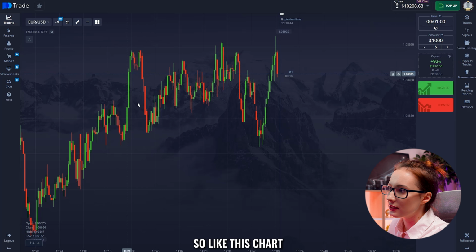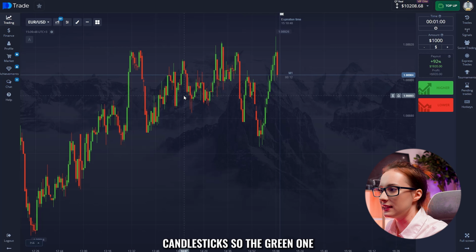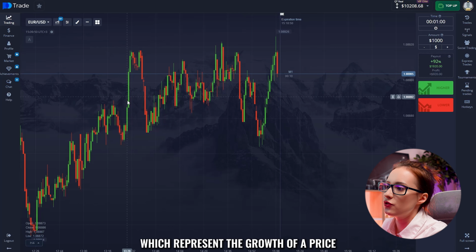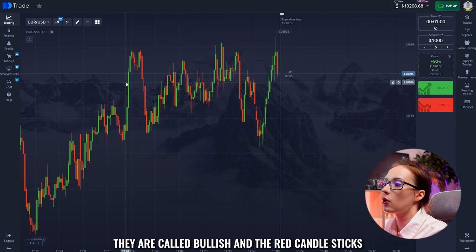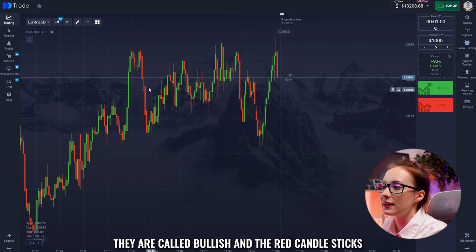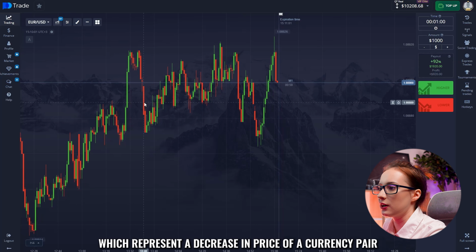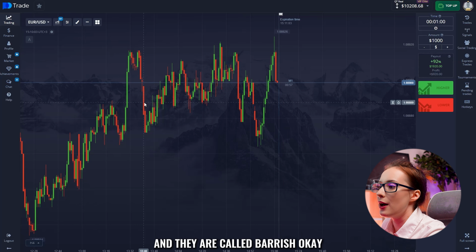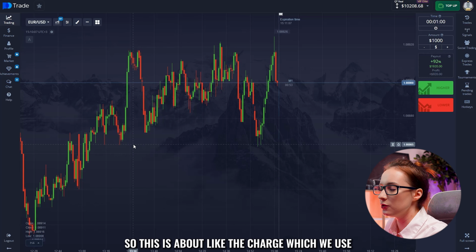So the candlestick chart consists of, of course, candlesticks. The green ones represent the growth of the price of a currency pair, or in other words, they are called bullish. And the red candlesticks represent a decrease in the price of a currency pair, and they are called bearish. Okay, so this is the chart which we use.